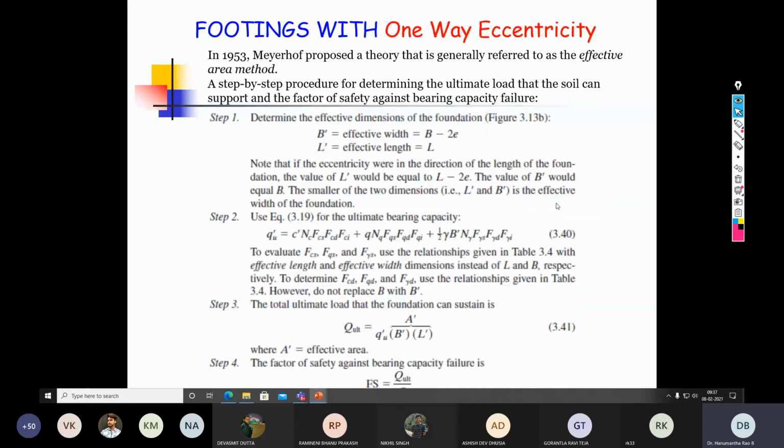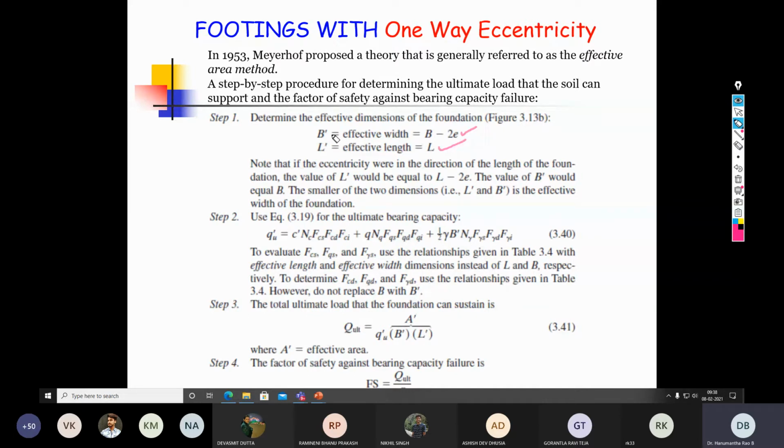Okay, so let me give you a clear idea in this slide. When you are dealing with a footing with one-way eccentricity, the first step is to calculate the effective width and effective length. If the eccentricity exists in the width direction, then the effective width is B minus 2E, and your L dash becomes L. It becomes the reverse if the eccentricity exists in the length direction.